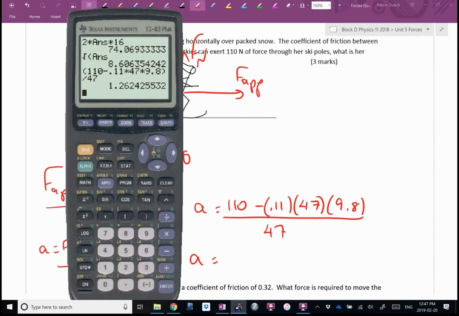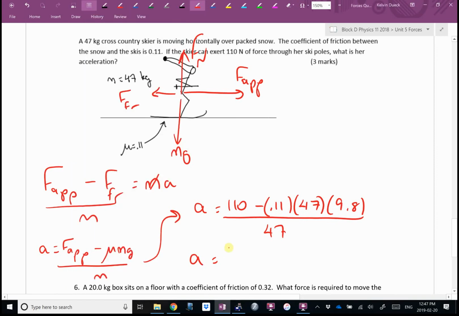Good yawn? 1.26, is that right, folks? Seeing some nods? I would take 1.3 if you went to 2 sig figs, but 1.26. And it's an acceleration, meters per second squared. If you got that, 3 out of 3.